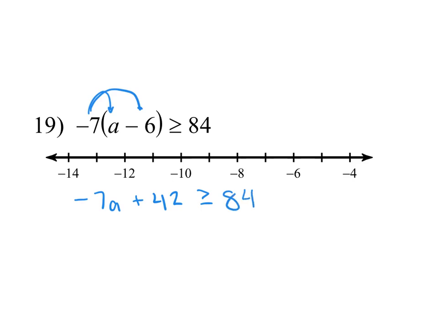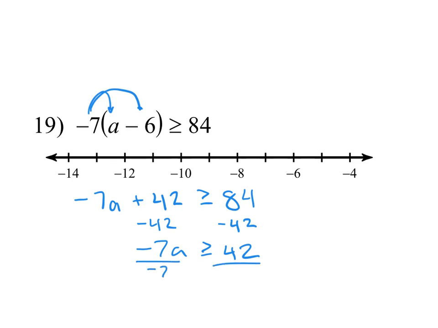What should we do next? Subtract 42. Perfect. Subtract 42 on both sides. So you get negative 7a is greater than or equal to 42. And we divide by negative 7.